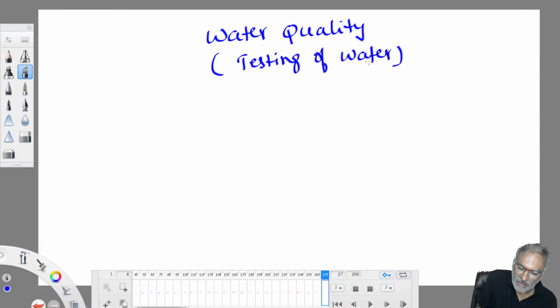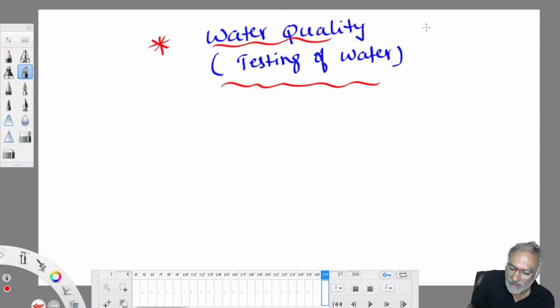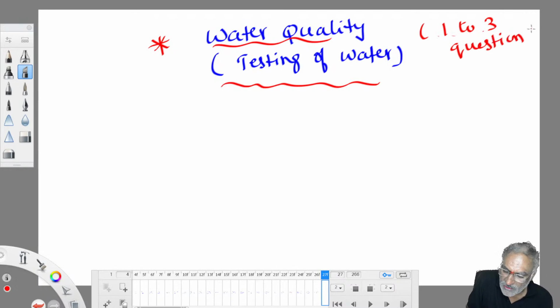This topic is very, very important in competitive exams. From this topic you will definitely get 1 or 2 questions, minimum 1 question, maximum 2, sometimes 3 questions also. It could be one 2-mark question, two 1-mark questions, or two 2-mark questions and one 1-mark question, or one 1-mark and one 2-mark, like that. 1 to 3 questions you will get from this topic.